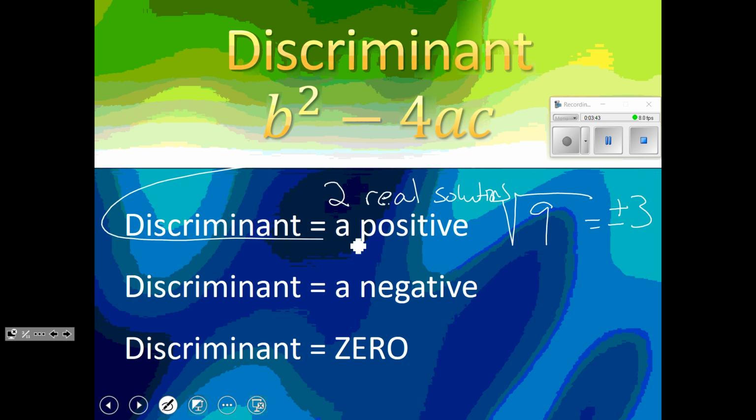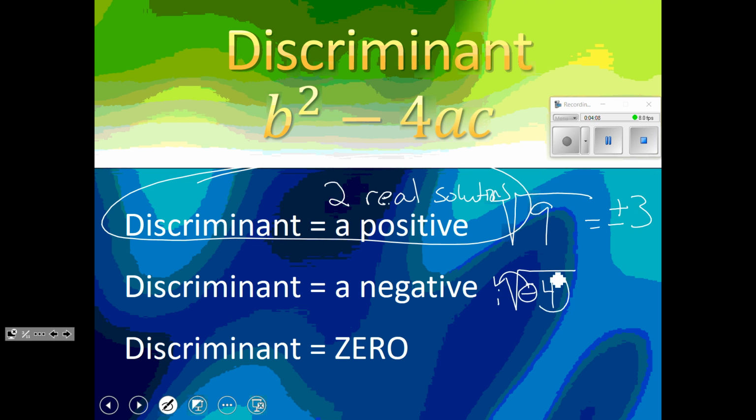Okay, if the number under the radical is a positive. If the discriminant is a negative, let's think about this. The number under the radical, let's come up with, I don't know, negative 4. What do we know about a negative under the radical? We know that that comes out as an i.